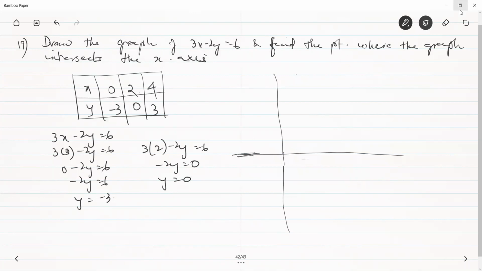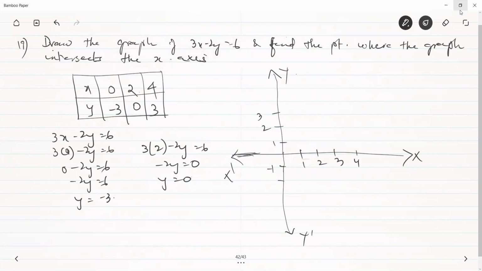Okay. Now this is the x-axis, this is the y-axis, this is x dash, and this is y dash. 1, 2, 3, 4. And here it is 1, 2, 3, 4.